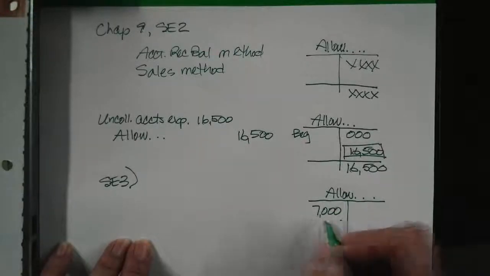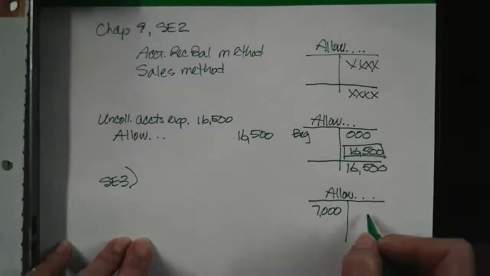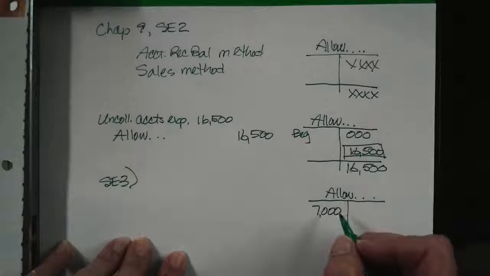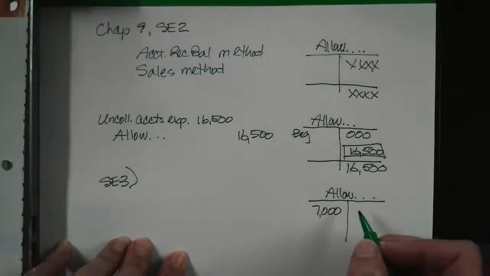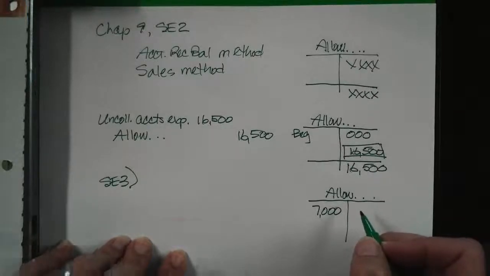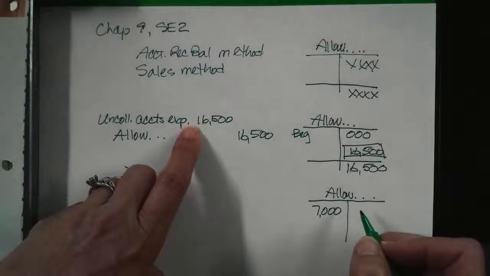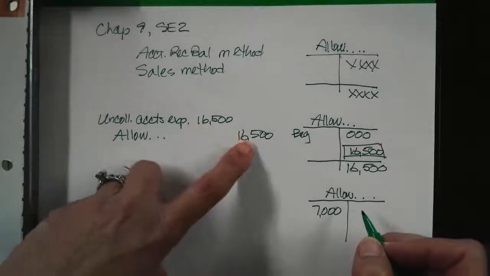It has a debit balance. People might say, how could it have a debit balance now? Well, it gets a debit balance if you actually end up having to write off more accounts than you estimated. Because when we use a reserve system like this, when we find out that somebody did file bankruptcy and they're never going to pay us, we don't book the expense at that time. We already booked the expense when we estimated it and set up the allowance.